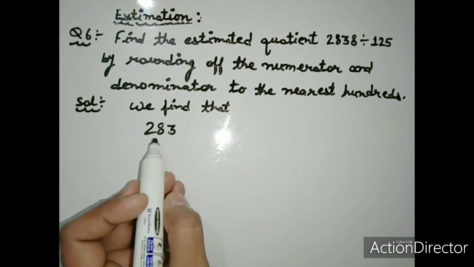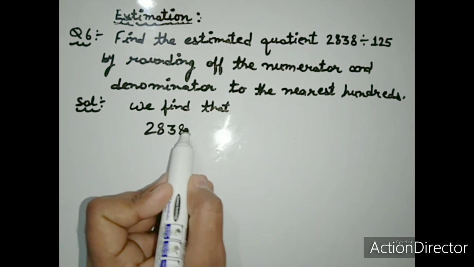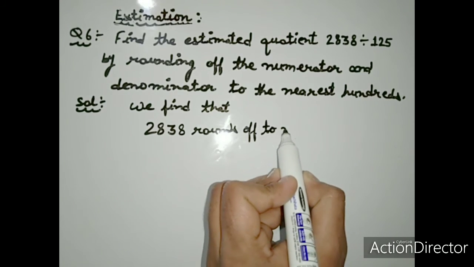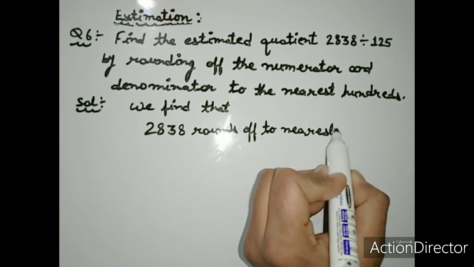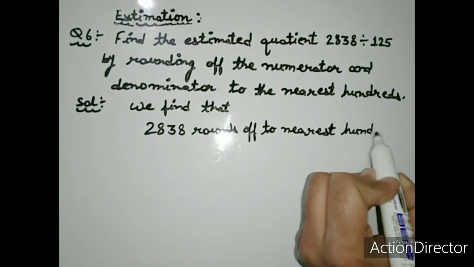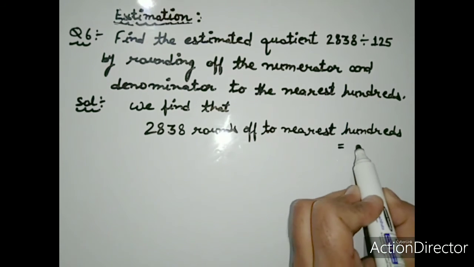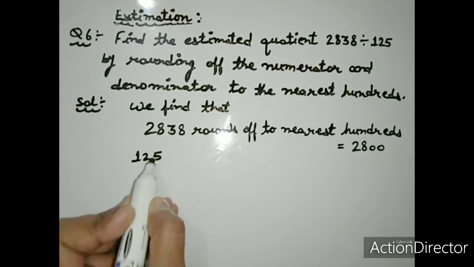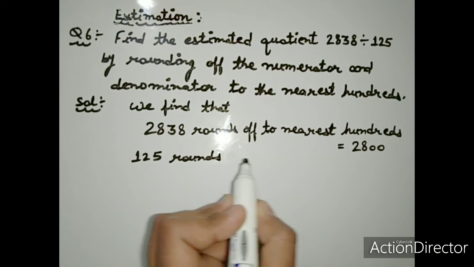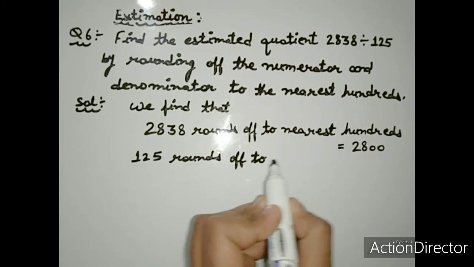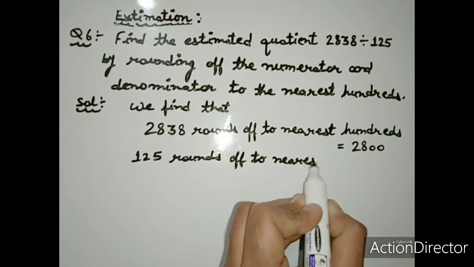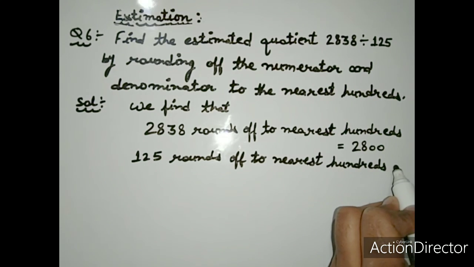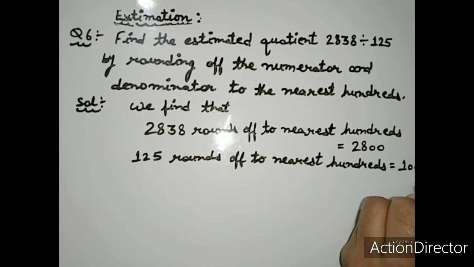So here we take a round off of 2838, which is equal to 2800, and 125 rounds off to the nearest hundreds is equal to 100.